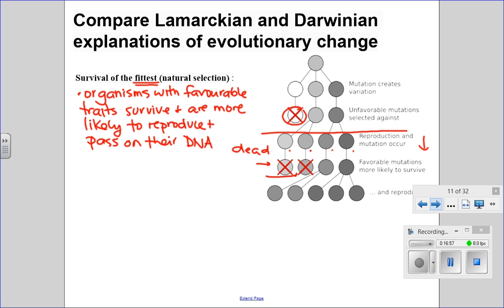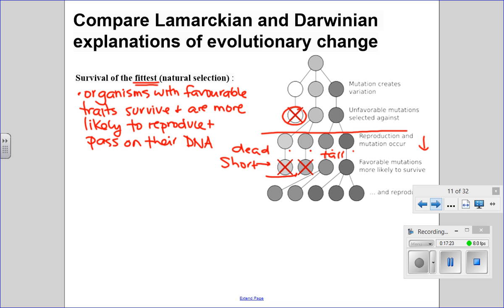There was not enough food. They weren't tall enough to reach the top of the tree. So they did not get enough food and they did not survive. So we'll say these ones were too short. That means that only these other 2 who were tall survived long enough to reproduce, and their characteristics get passed on.